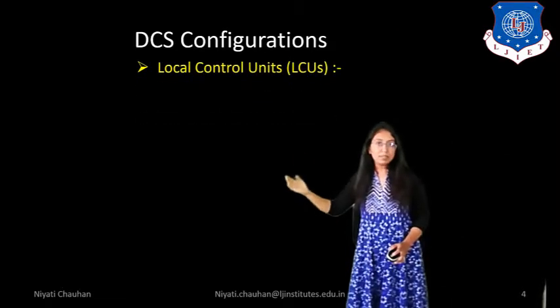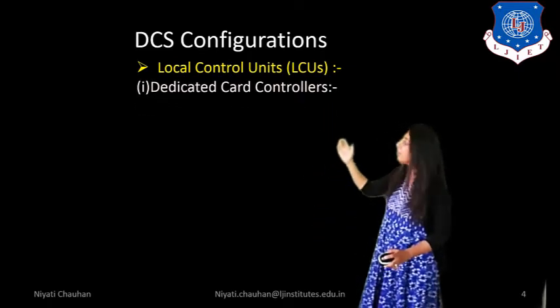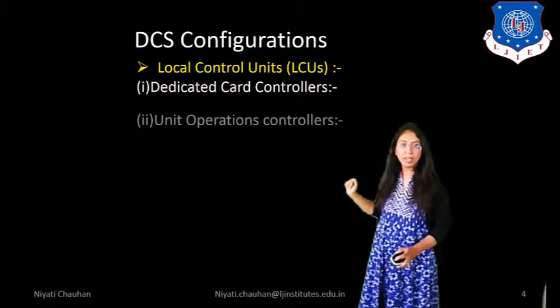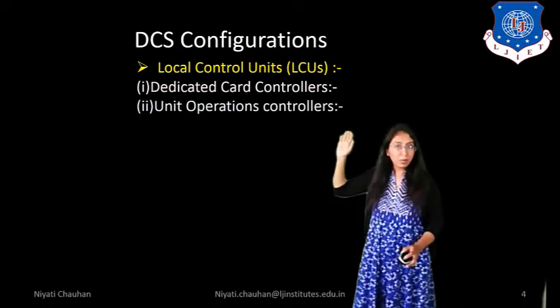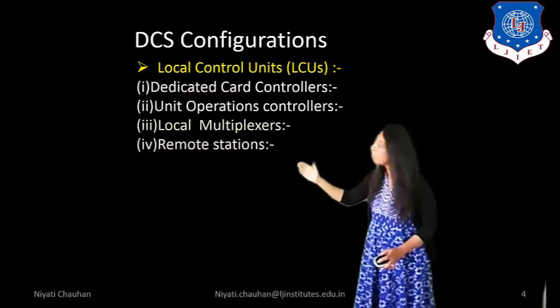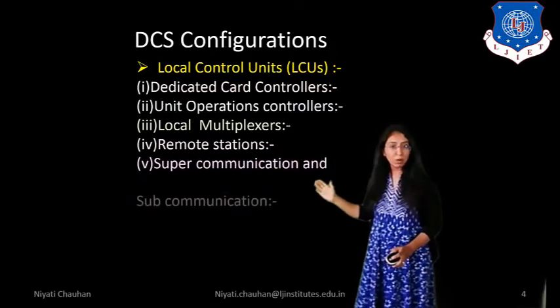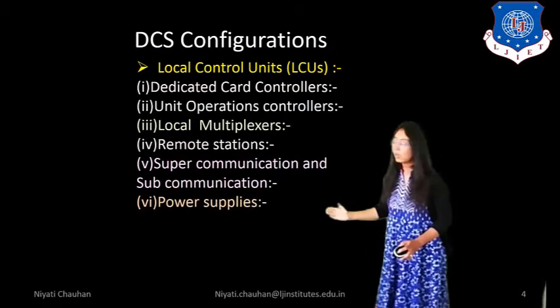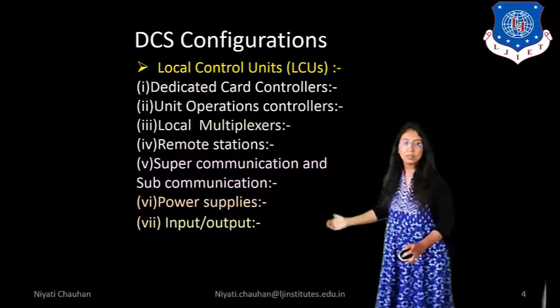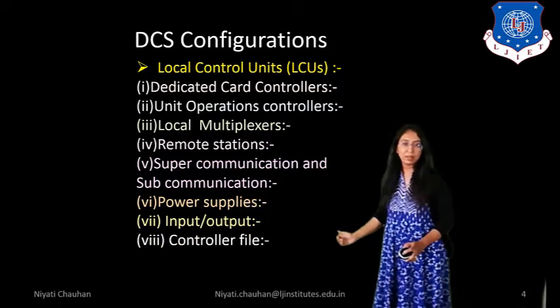Local control units have many parts. First, dedicated card controllers, then unit operations controller, local multiplexers, remote station, super communication and sub communication, power supplies, input output, and controller file.